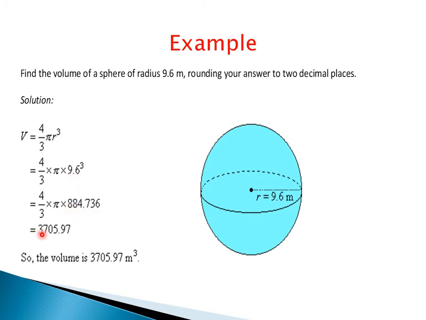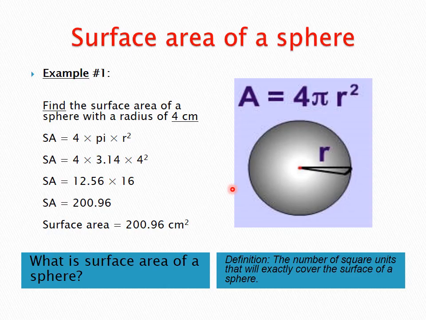Now we will multiply and get 3705.97. So the volume will be 3705.97 meter cube. This will be the volume of a sphere.